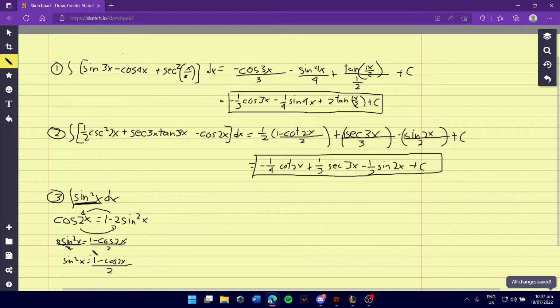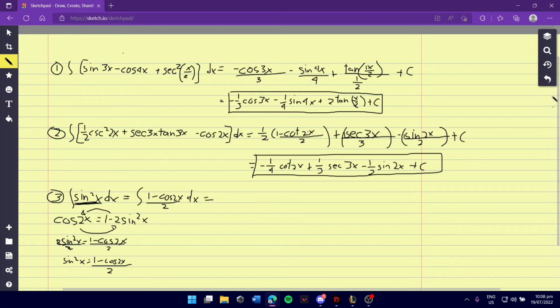Actually, this is a double angle formula in trigonometric identities. So we will use this. We will convert sine squared x into 1 minus cosine 2x over 2, times dx. So we will integrate it.